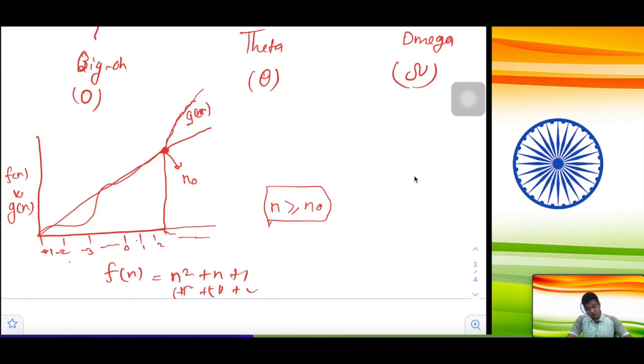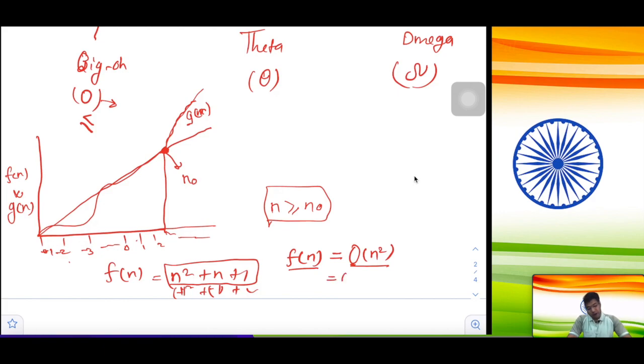So what does that mean? If we are talking about the big O and I have to write the time complexity of this function, I write big O of n square, because big O means greater than or equal: this part is always greater than that part.